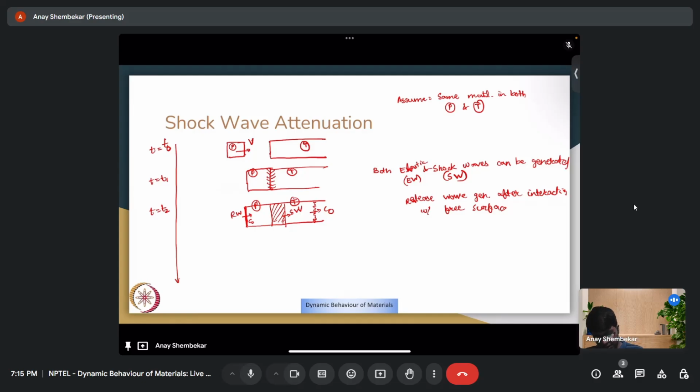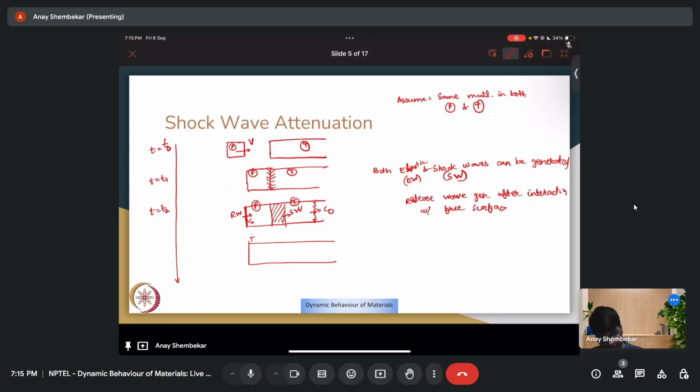This release wave will start slowly catching up to your shock wave, and then you'll have a scenario where, I'll just draw the target.